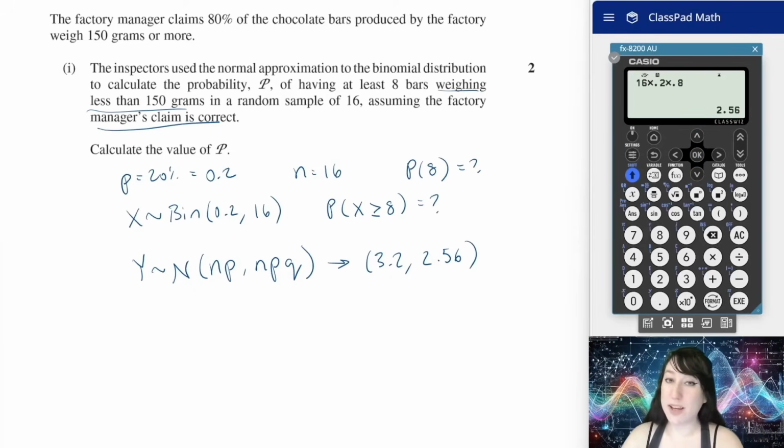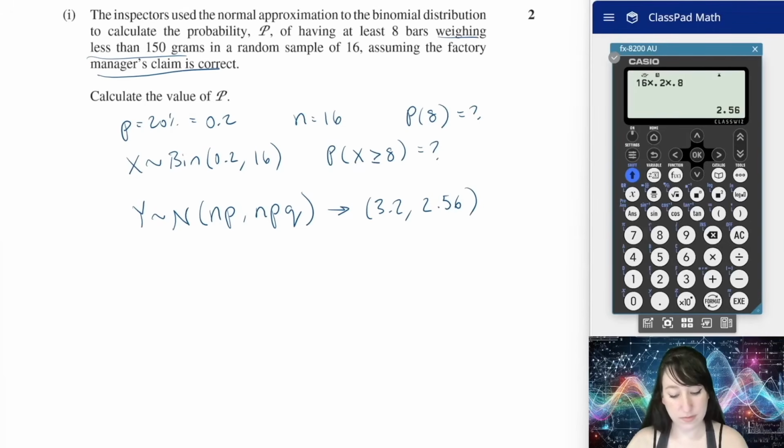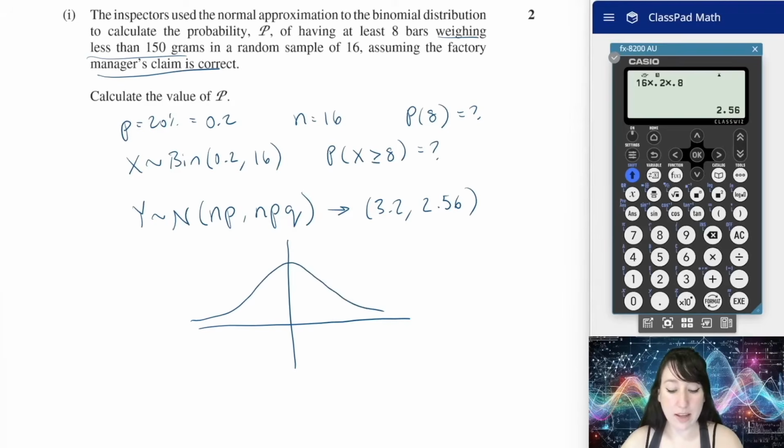Now, when using a normal approximation to a binomial, especially with small n, we should use a continuity correction. So we're looking at the probability of getting at least 8. But binomial is discrete and the normal distribution is continuous.